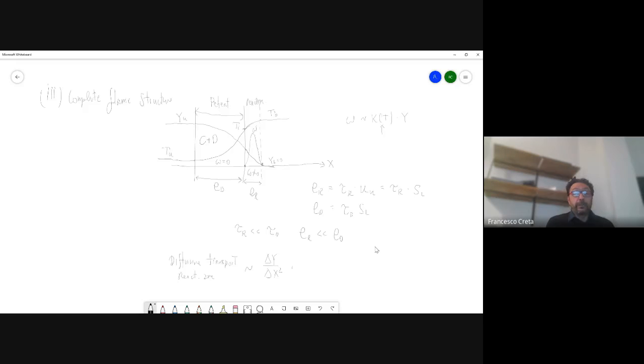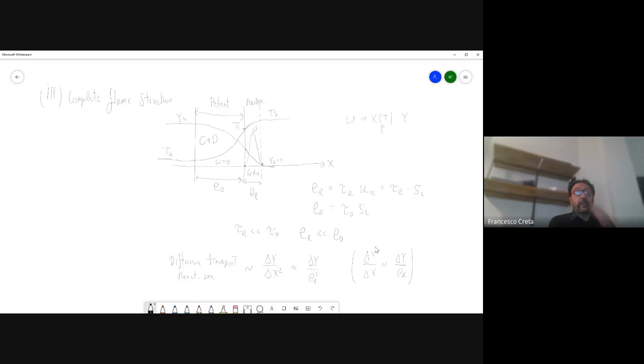So for example, we can say it's a variation over LR squared compared to say the convective transport, which is essentially of order delta y over delta x. So essentially delta y over LR.